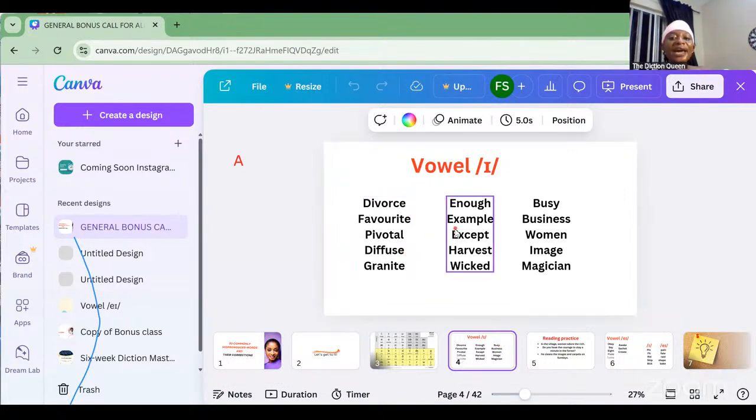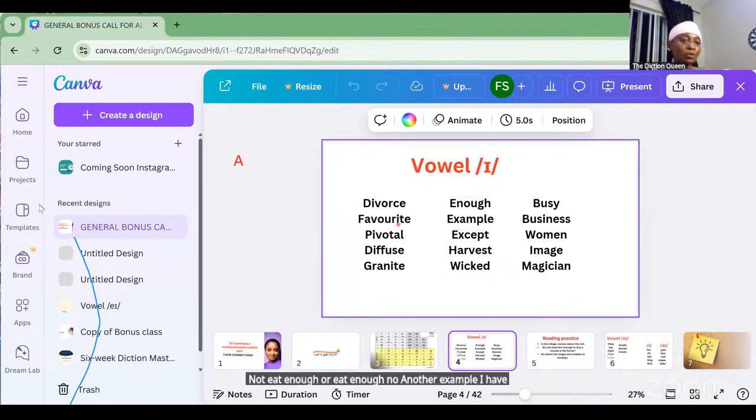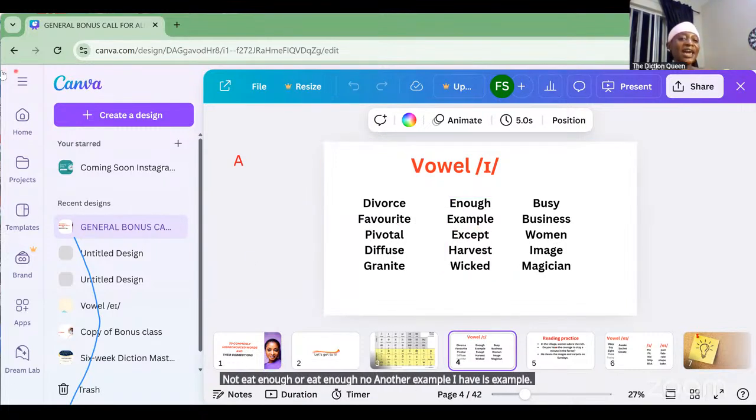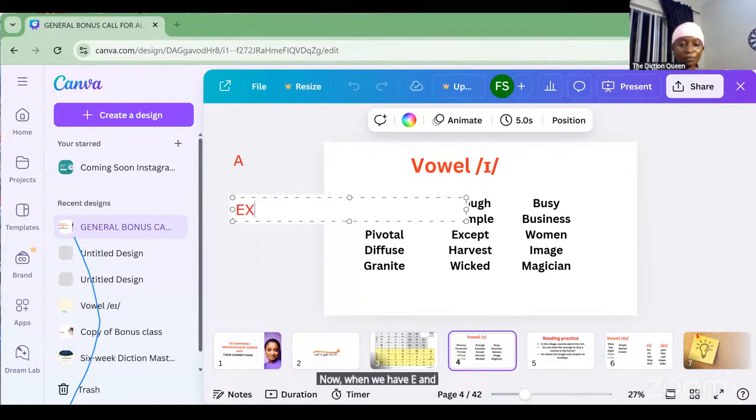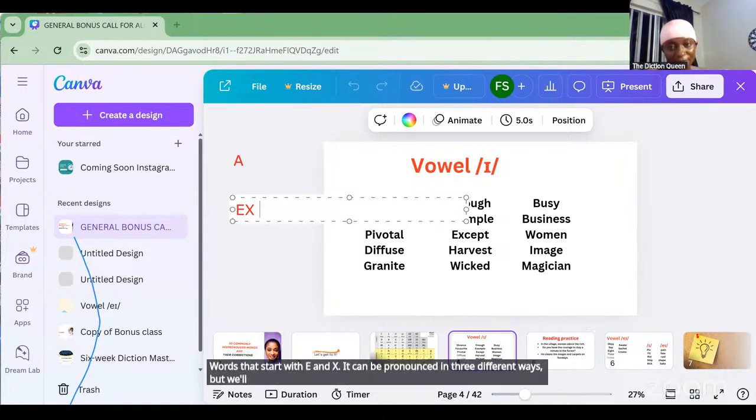Another example I have is example. Now, when we have E and X in a word, E and X can make three different sounds. Words that start with E and X can be pronounced in three different ways, but we'll talk about one of them tonight.